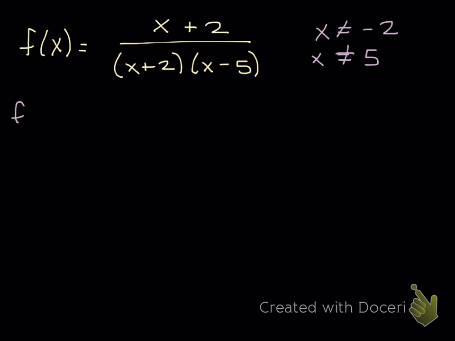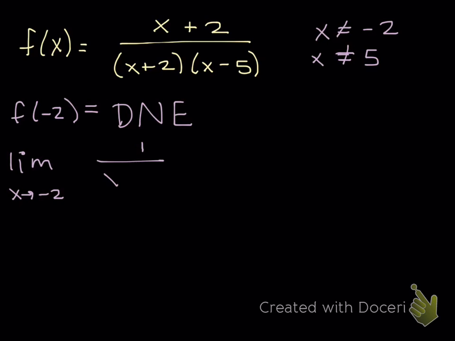So first, I would find f of -2. Notice when I plug it in, I get undefined. As far as the limit goes, as I approach -2, I can cancel those out, so I'm left with 1 over x minus 5, and when I plug this in, I get 1 over -7.